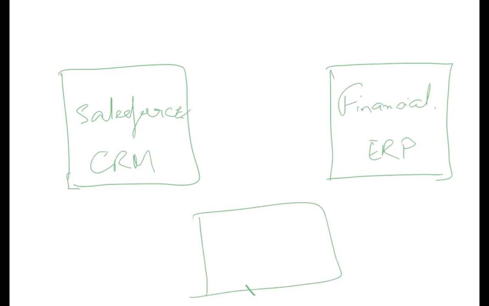Then there can be analytics systems, BI systems. Salesforce also has analytics, reports and dashboards, but there can be something like a data lake, which can be used for BI, for data backup, and so on. So there are different systems in place.